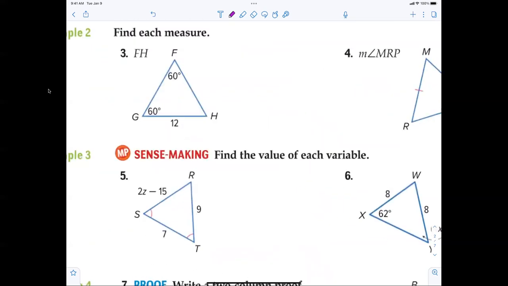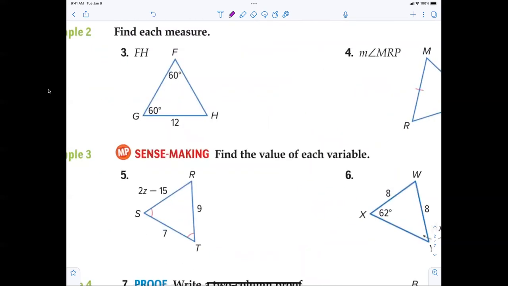Okay, what is FH? I need the length of FH. Come on, Aiden, let's just you and I talk. What is FH? 120? What are you talking about, 120? 12, of course.